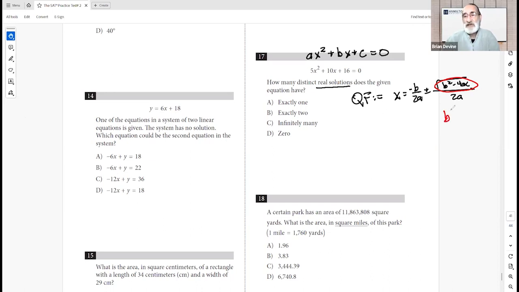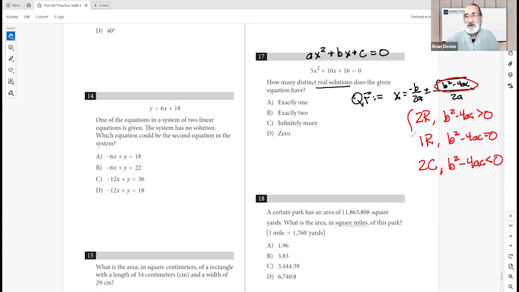Remember, if b squared minus 4ac is positive, I'll have 2 real solutions. I'll have 1 real solution if b squared minus 4ac equals 0. But I'll have no real solutions, only complex solutions, if b squared minus 4ac is negative. And so this is called the discriminant test.